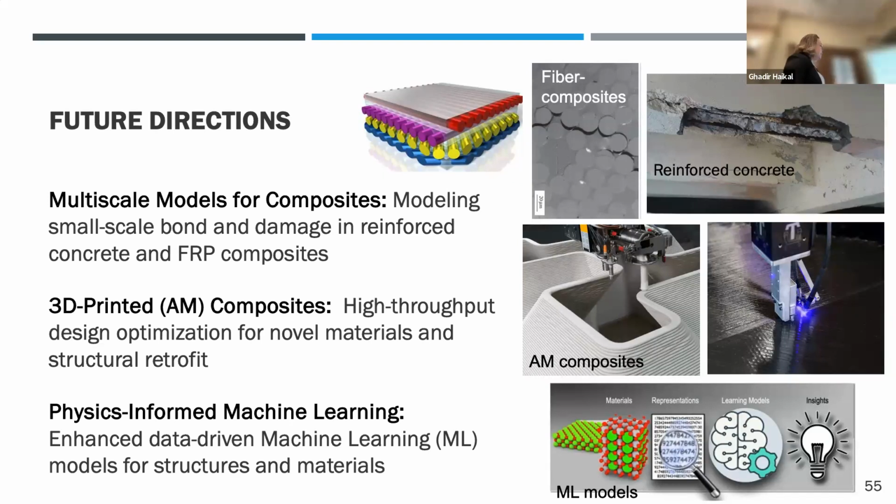And then the last area is, everybody's heard the buzz about machine learning. So everything is machine learning these days. And my aim here is definitely not to just use another machine learning model, because we're engineers, we like physics, and machine learning doesn't always respect physics.